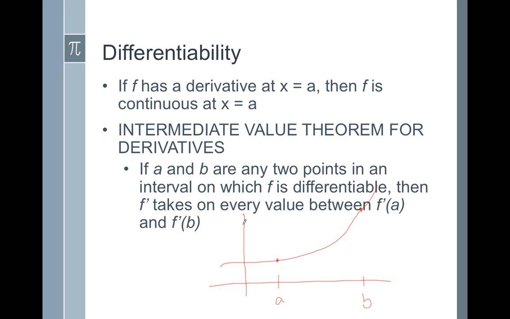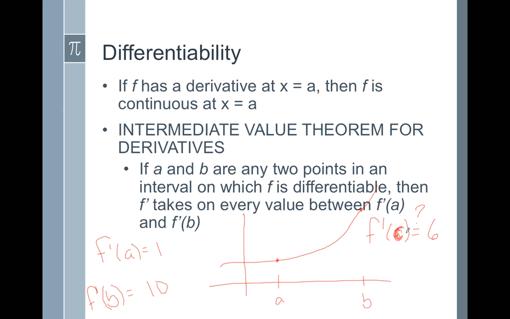So if f prime of A is equal to 1 and f prime of B is equal to 10, I want to know, is there an f prime of C that equals 6? So that's my question.